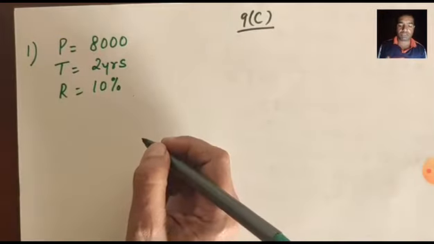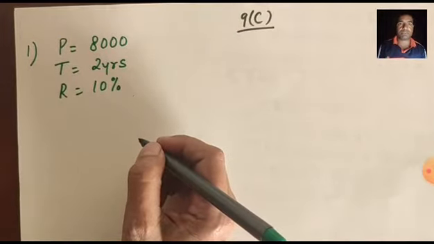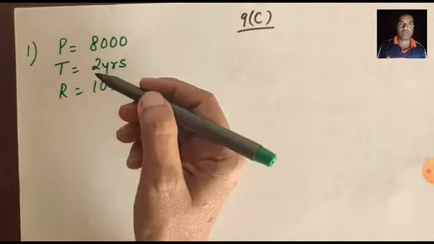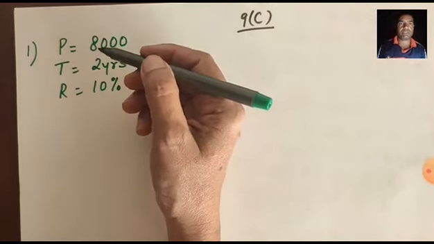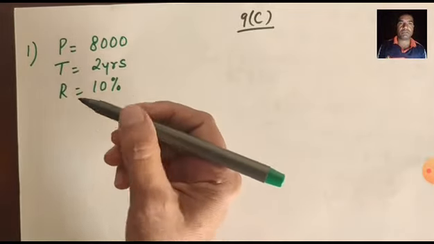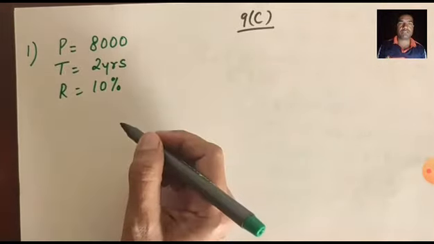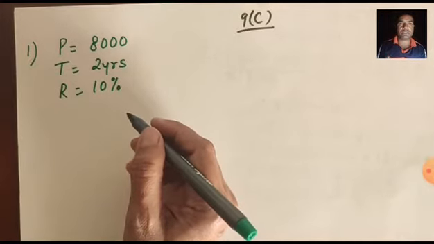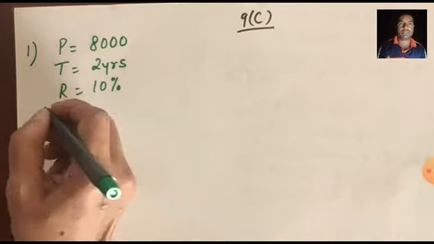In the first case we have to find the interest for the first year. For compound interest we find the interest for each year separately.